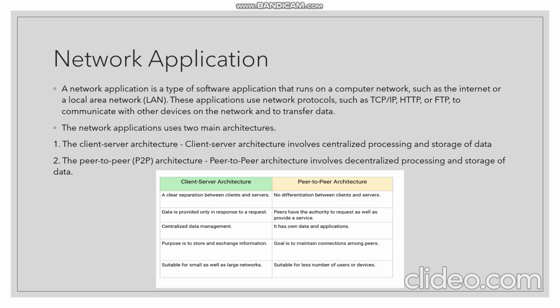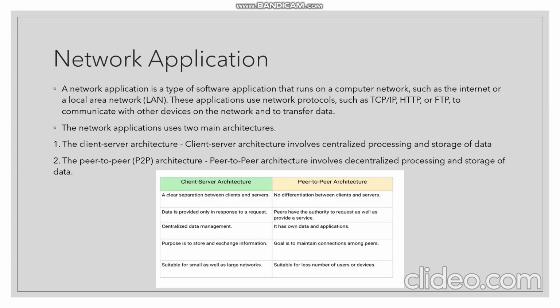The client-server architecture involves centralized processing and storage of data, whereas the peer-to-peer architecture involves decentralized processing and storage of data. There are other differences between these two also. In the client-server architecture, there is a clear separation between clients and servers. That means the client and servers can be differentiated, whereas it is not possible in the case of peer-to-peer architecture.